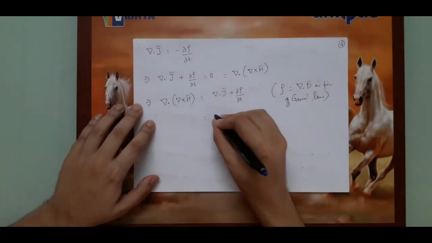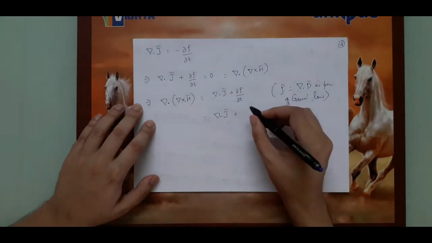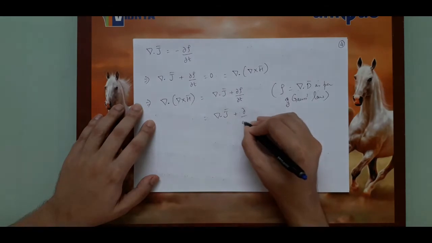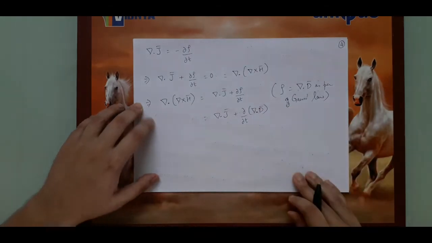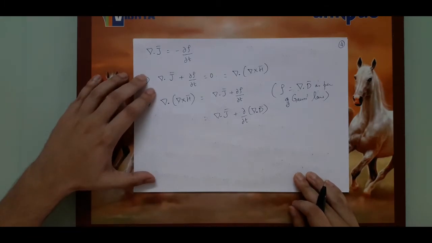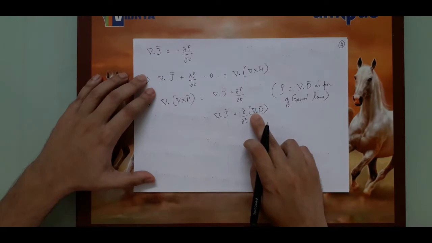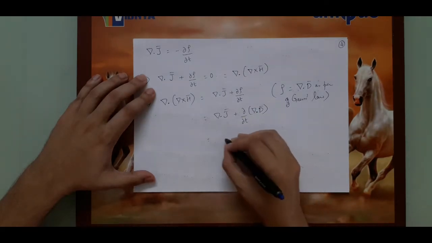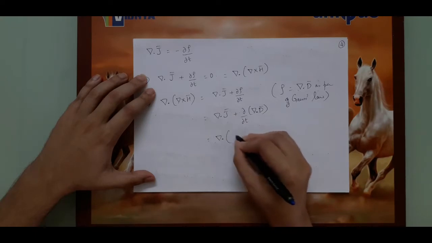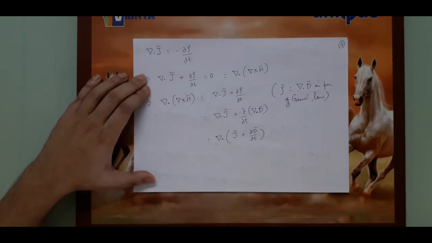So therefore I can say this is del dot J plus the time derivative of del dot D. So this is nothing but, since the divergence operation and the time differential are independent operations, I can say that the divergence of this entire vector sum will be equal to the left hand side.